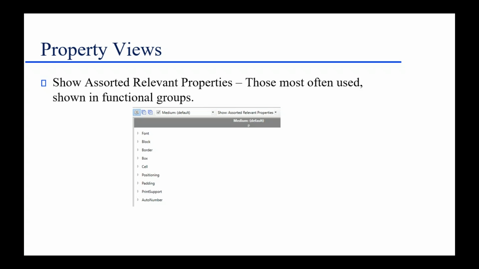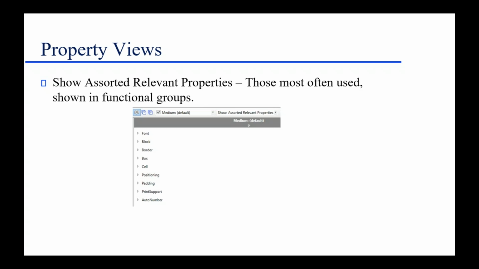And again, how you work is entirely up to you. So I could say, for example, show me assorted relevant properties by functional group, or I could click that little leftmost icon, which would list all the properties alphabetically. So again, how you work is up to you.